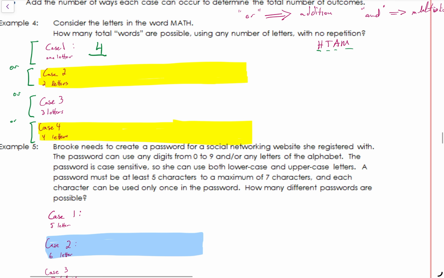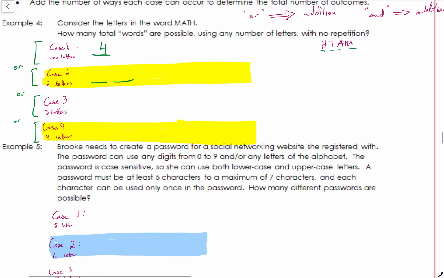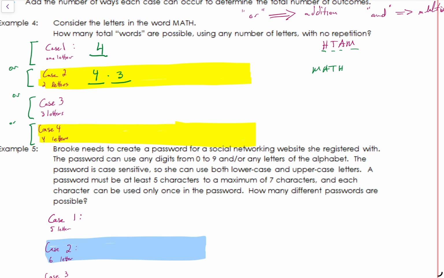Now here, how many different words can I create using 2 letters? I could write the word math out again, and I'm going to use the fundamental counting principle here. This would be 4 times 3. And if you're using P notation, it'd be 4P2. That is, out of 4 elements, you're picking 2.